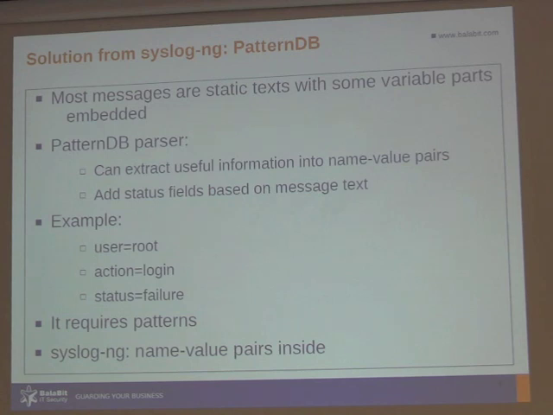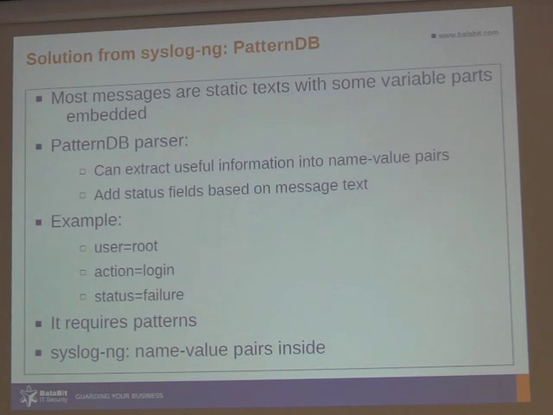It can also add status fields based on the text message. For example, from an SSH login, it can extract the username, for example, root. It can extract that it's a login action, and as these are static texts, based on the text message, it can also give a status to the name-value pairs that it's a fail.